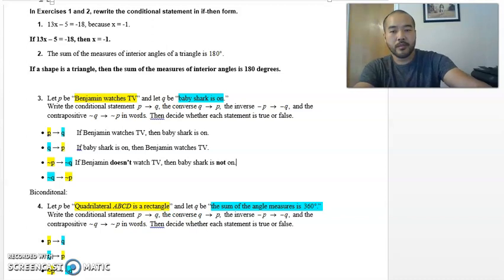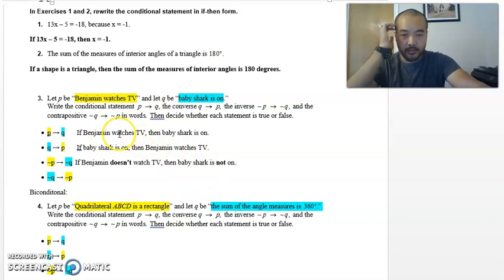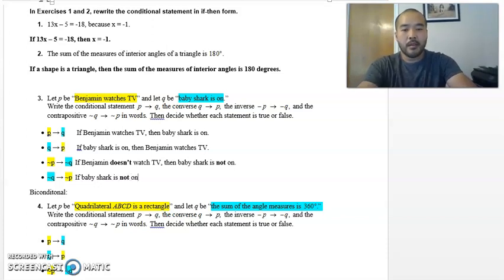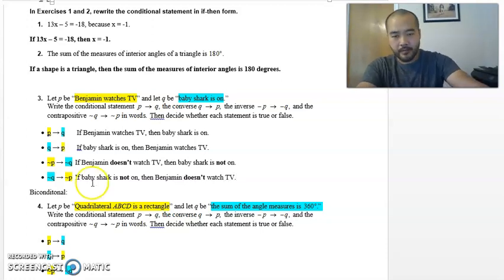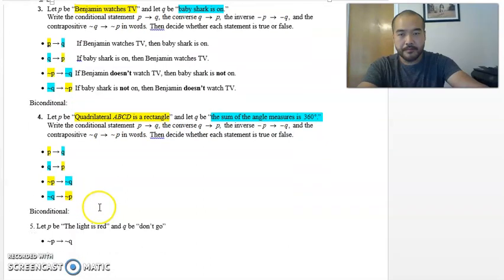So the only difference between the inverse and the conditional is you negate both statements. Then if Baby Shark is not on, then Benjamin doesn't watch TV. There you go. We'll get to the biconditional later.